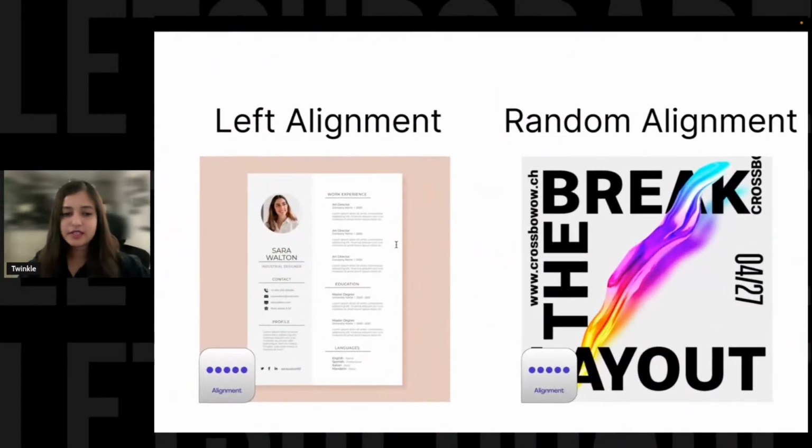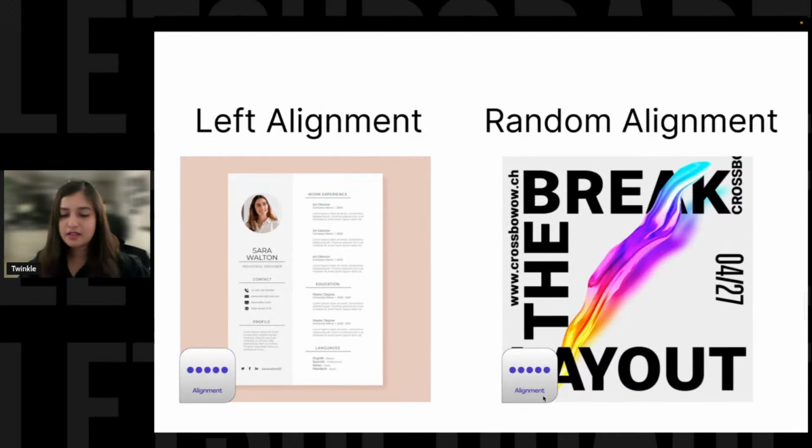For example, if there is an L behind this alignment. So when we talk about random alignments, this kind of does not really follow any of the principles that the left design is following. But at the same time, I can understand that this is breaking the layout, right? How is that?